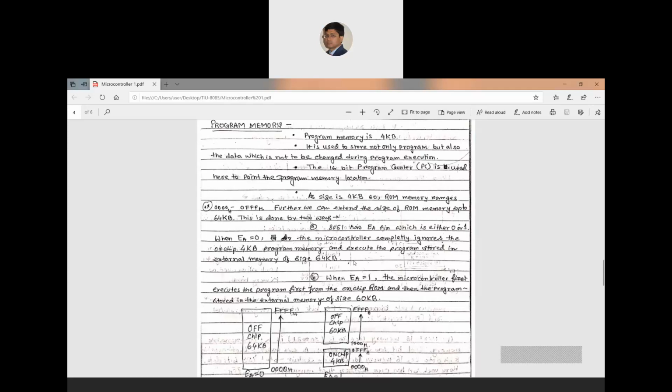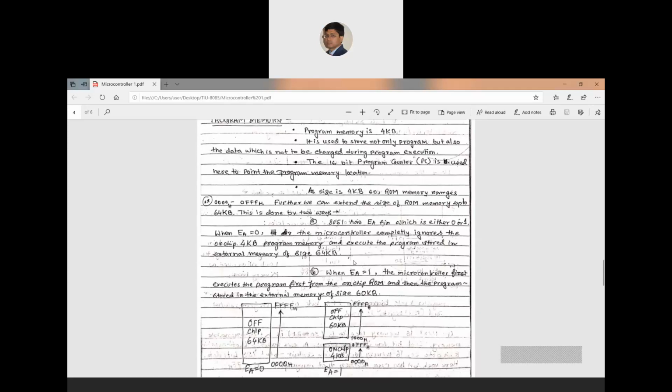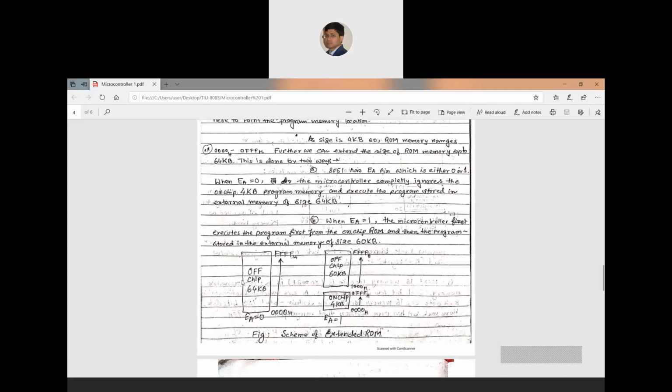In this figure, in the first left one, I have connected a 64 kilobyte off chip ROM, where the starting address is 0000H and the end address is FFFFH. As this is 64 kilobyte, you can understand that it requires 2 to the power 16.